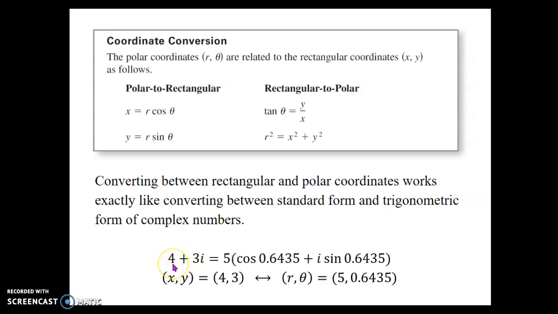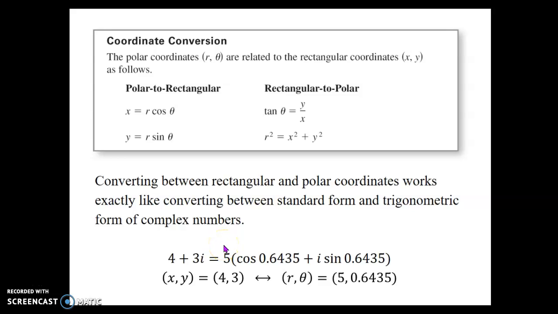Going from the standard form, like 4 plus 3i, to the trigonometric form, like 5 times cosine of 0.6435 plus i times the sine of 0.6435, is pretty much exactly the same as converting between the rectangular coordinates of a point and the polar coordinates of that point. So if you remember how to do that from section 6.5, it's really the same thing that we're doing now.